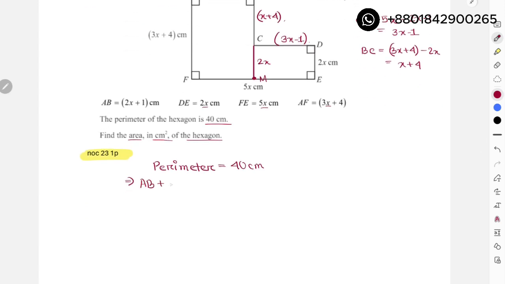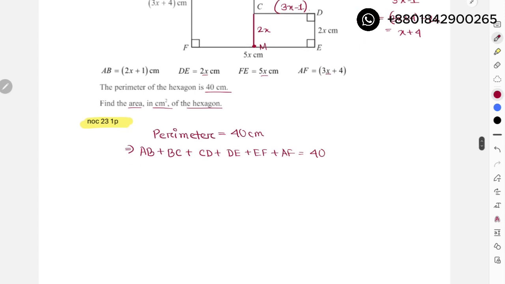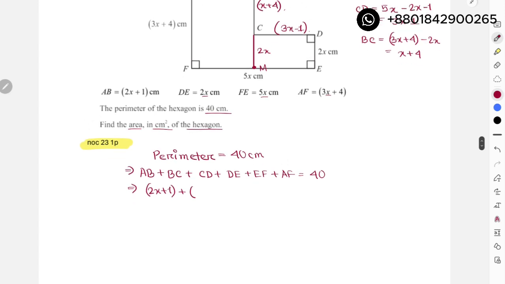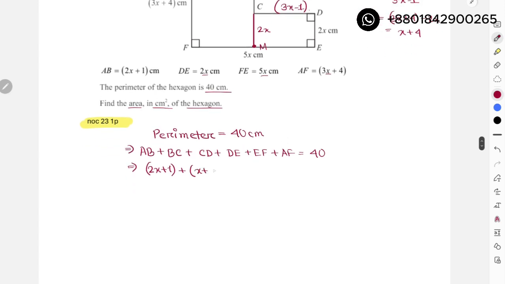We have AB, BC, then CD, then DE, then EF, and then AF, equals 40. After that, AB is how much? AB is 2x plus 1. BC is x plus 4.